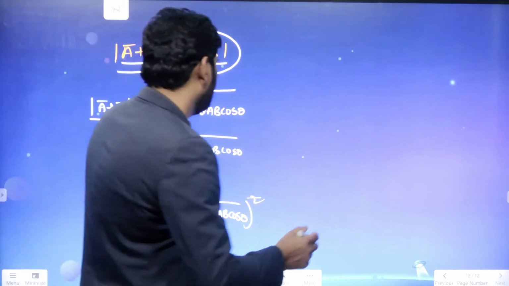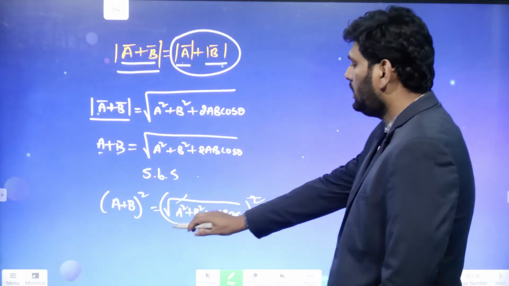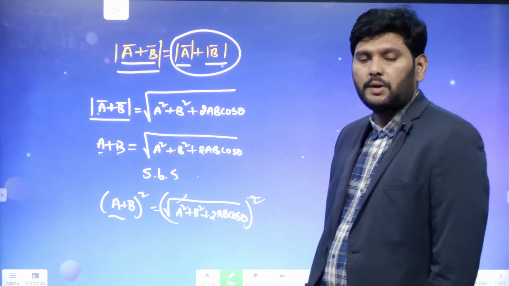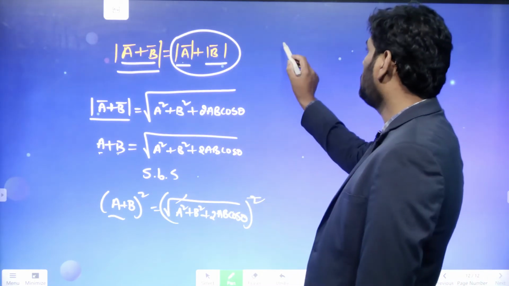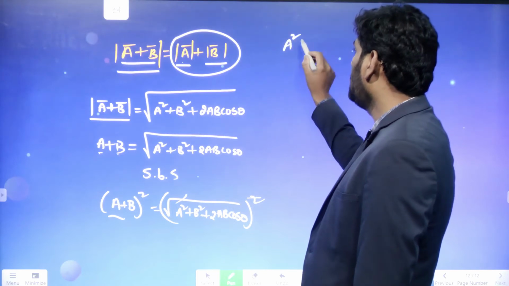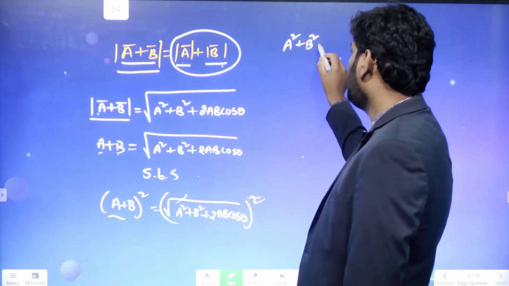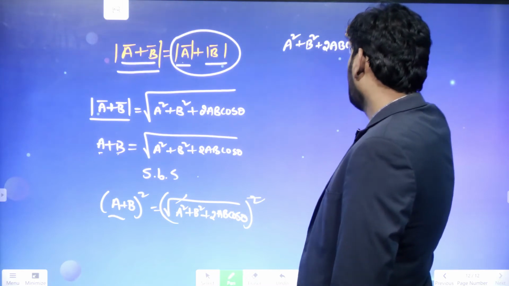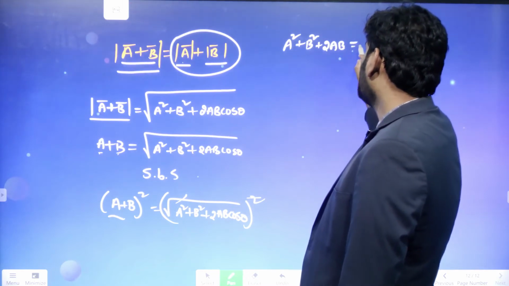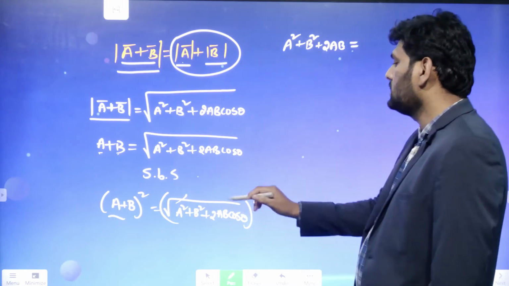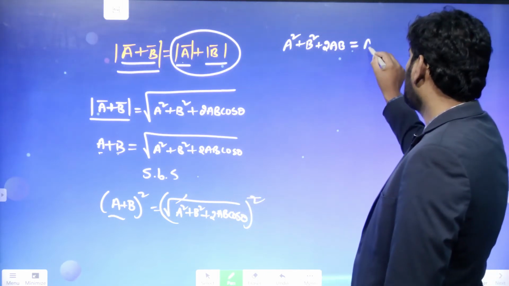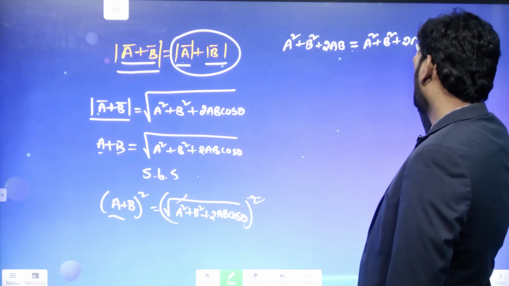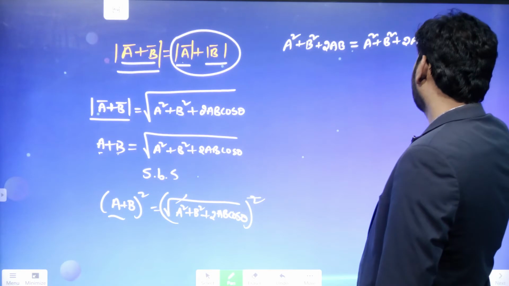The remaining equation I elaborate by applying the A plus B whole square formula, which is A square plus B square plus 2AB, equal to A square plus B square plus 2AB cos theta.